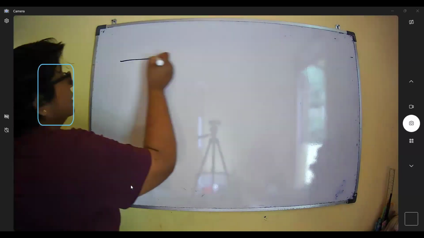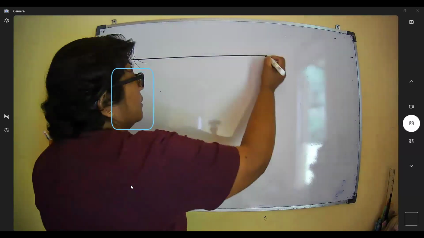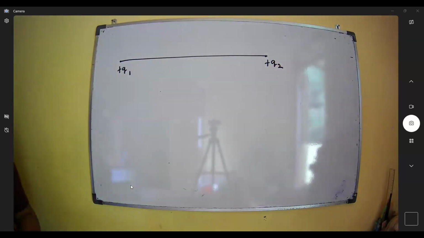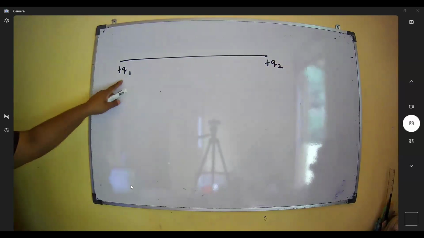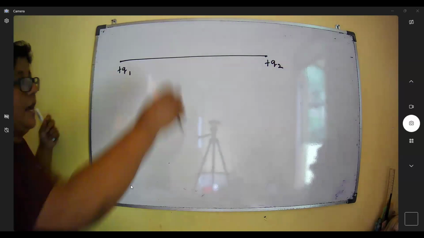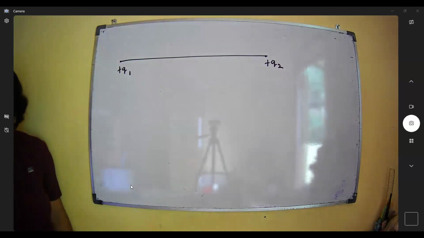Then we will draw the line. I'm taking plus Q1 here and plus Q2 at the other end. The point charges are given as Q1 and Q2. After that, we can substitute values. So I am taking positive Q1 and positive Q2. Then the point can be between these two, or outside Q2, or outside Q1. The electric field intensity is 0 at that point.